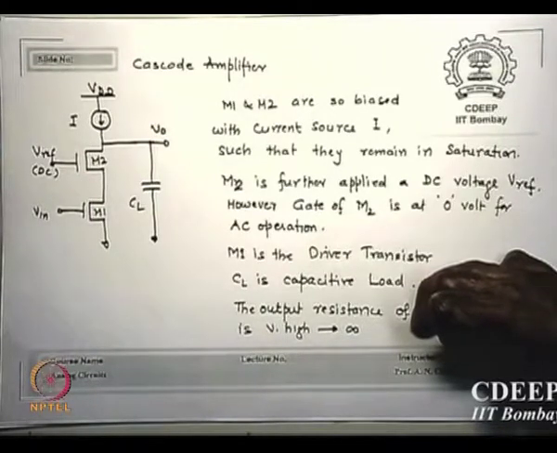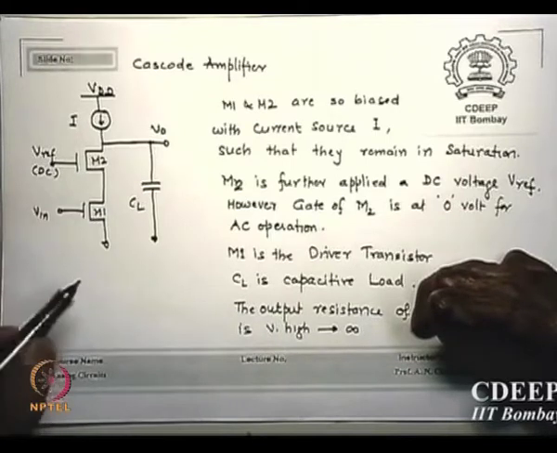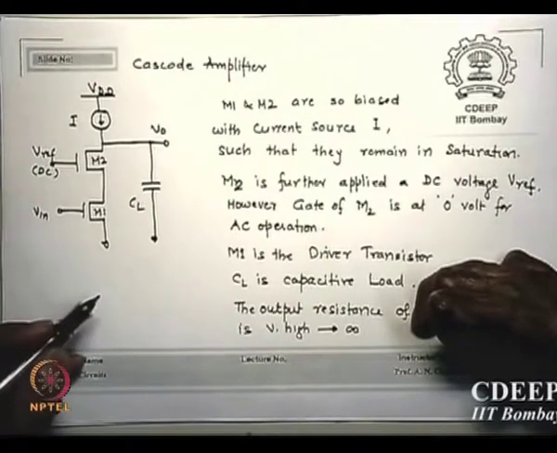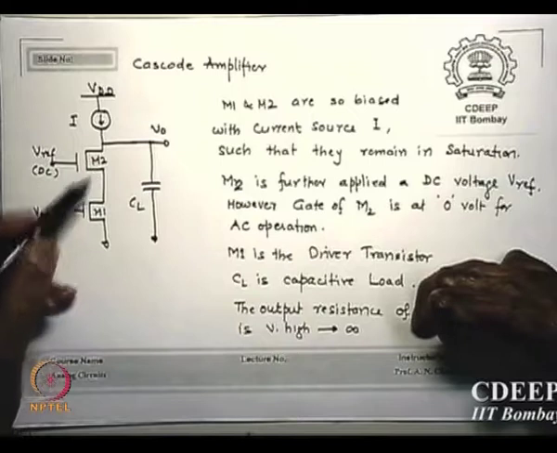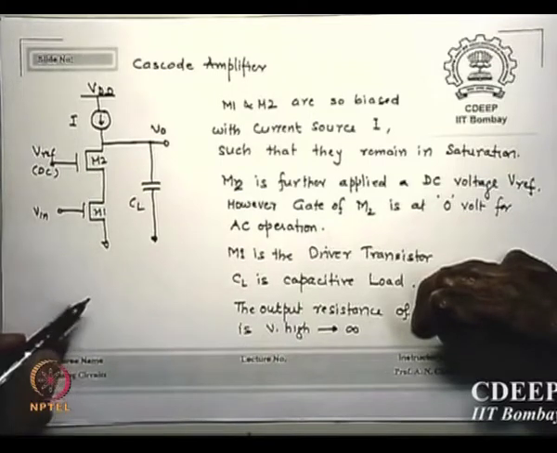Most of the drop would have come in M1, so VDS would have been guaranteed larger to make it saturated. Now I want both transistors M1, M2 to be in saturation. If they are to be in saturation, this voltage should be sufficient that VDS2 plus VDS1 makes both of them saturated.